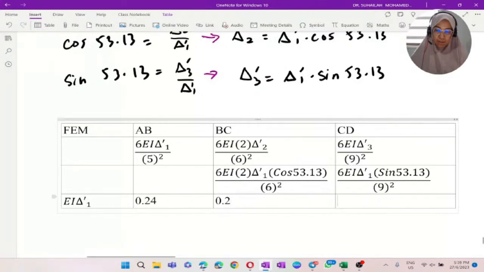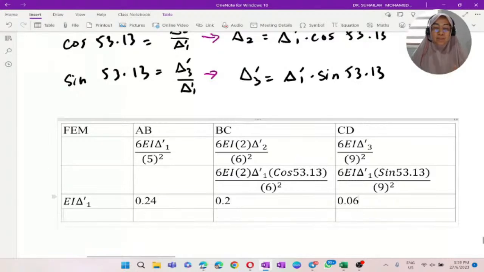And another one is 6 times sine 53.13. We divide by 9 square. So it is 0.06. That is the ratio in terms of EI delta 1 prime.